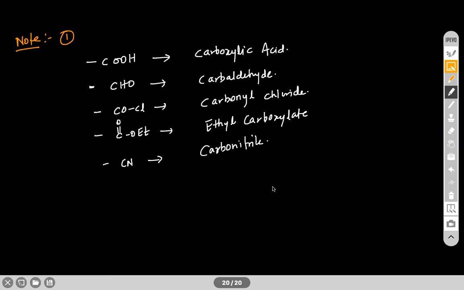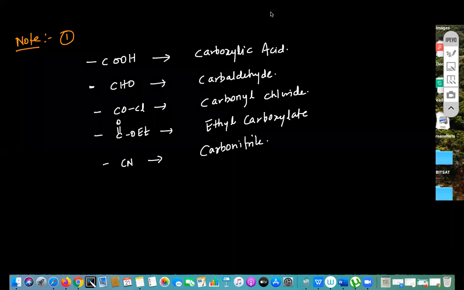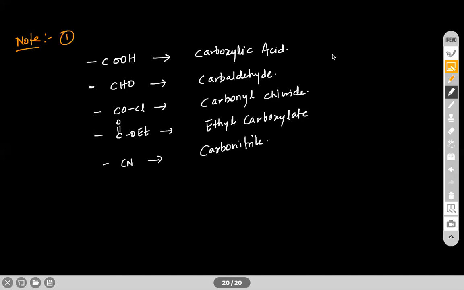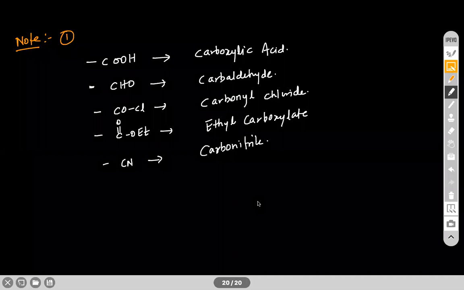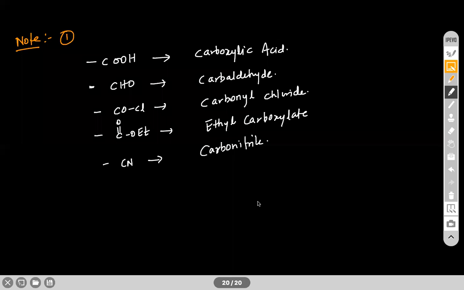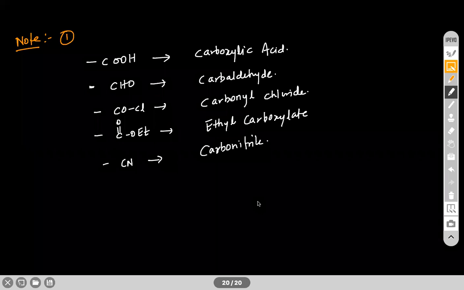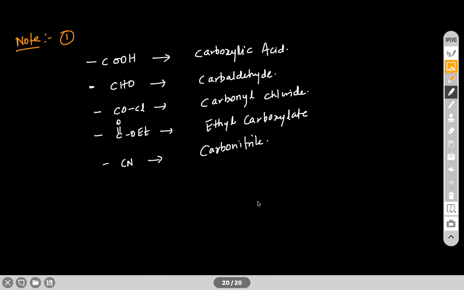Done. Now you see examples on this. First point, write down: if a carbon containing functional group is directly attached with the ring, then we use the following suffix. This is for carbon containing functional groups. You must keep this in mind. Now you see some examples here.